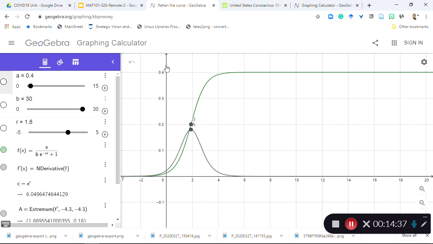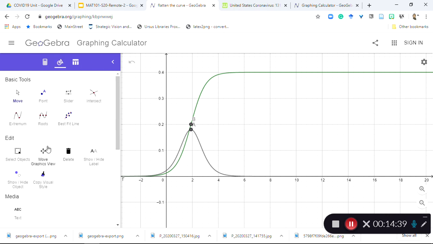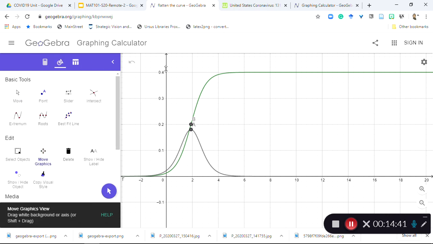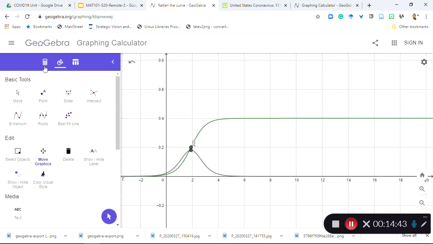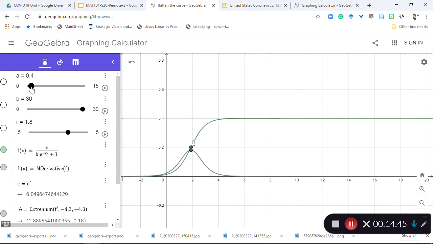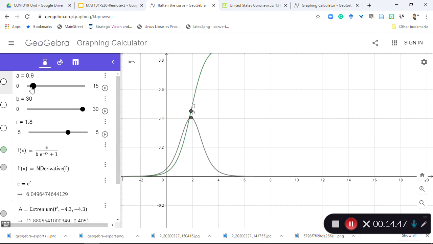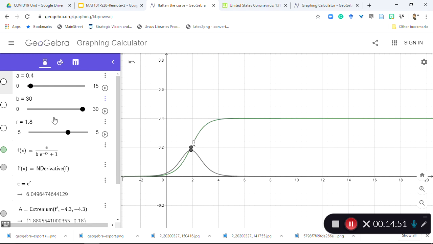So let me change the axes here. Without getting into how this works algebraically, where this green curve ends up is also a matter of our actions as well. But this R is related to that growth factor that we're calculating.